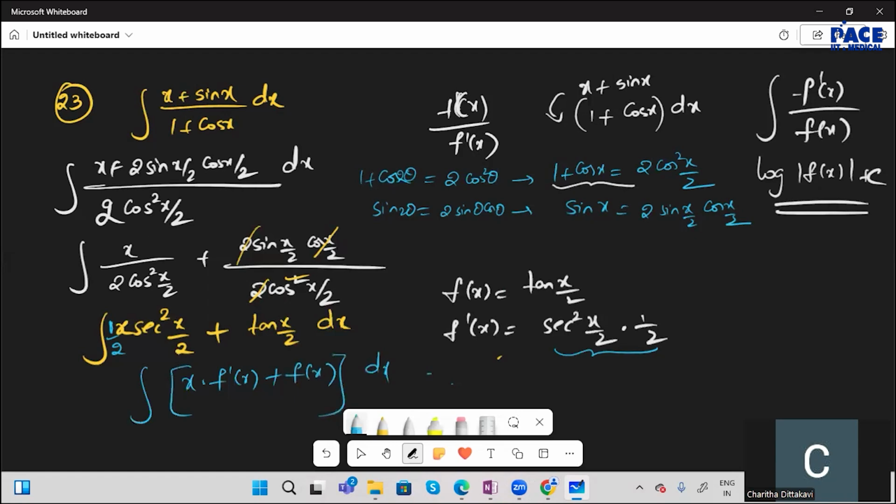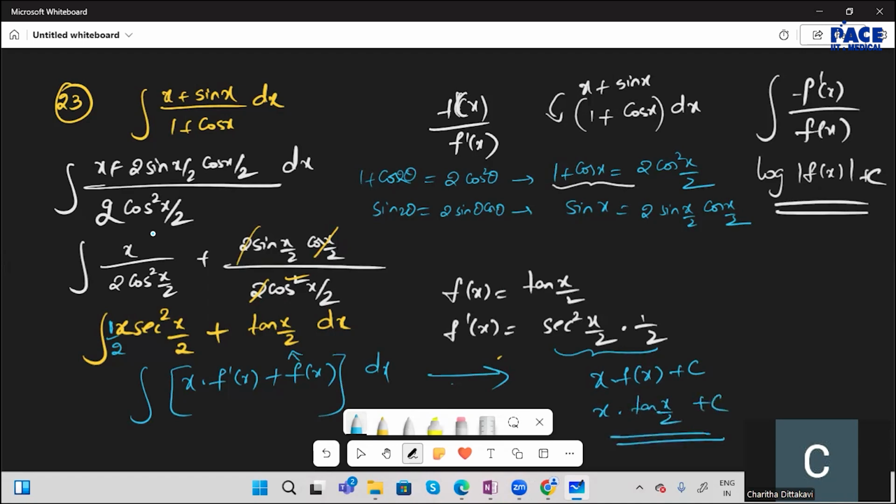Again, the same rule: integral of f of x plus x f dash of x is nothing but, anyone guesses? x into f of x plus c. That's it. So x into, what is your f of x? Nothing but tan x by 2 plus c will be your final answer there.